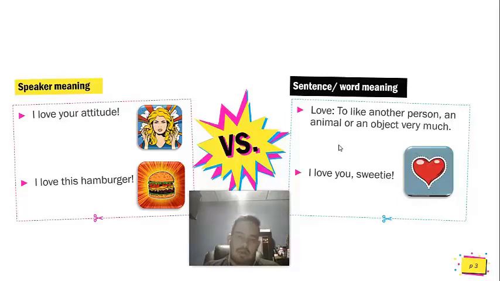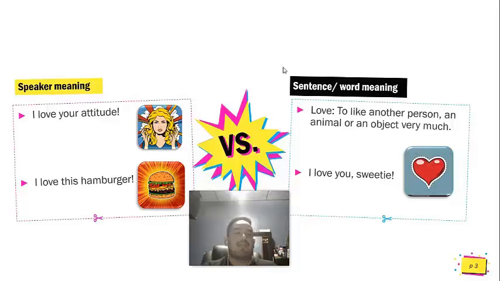Okay. Now, regarding speaker meaning, that is perhaps the most tricky part of all of this topic. A speaker meaning refers to the message that wants to be conveyed to another person or to other people, no matter the meaning of the words in the sentence.